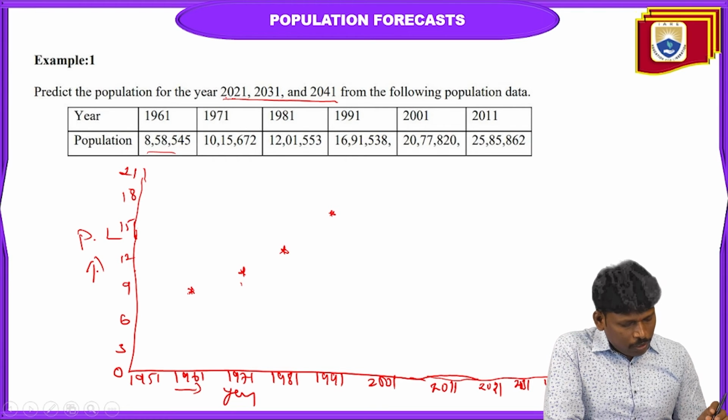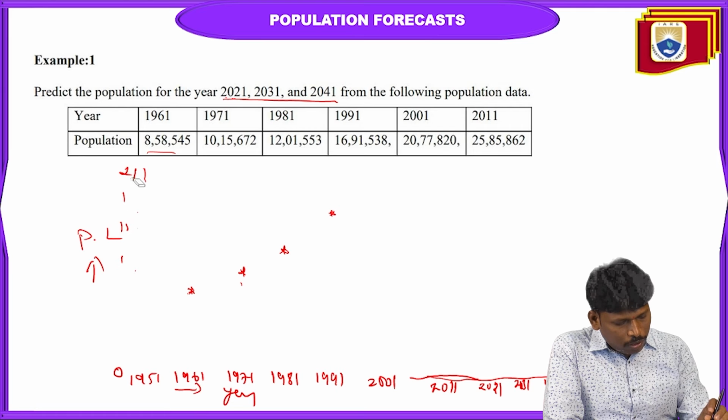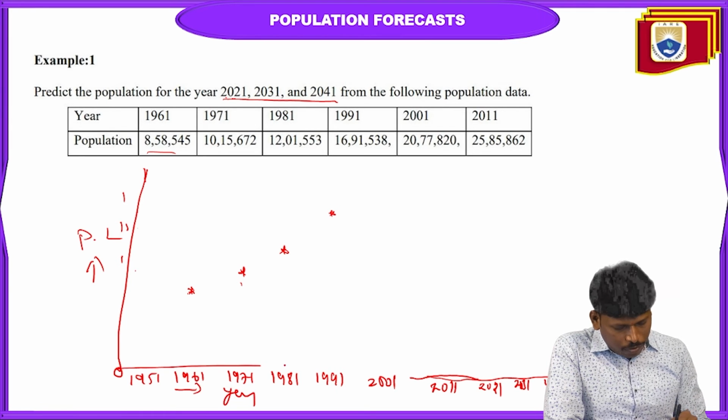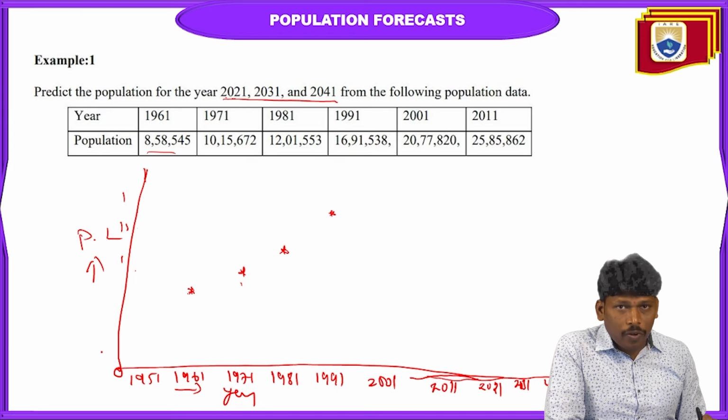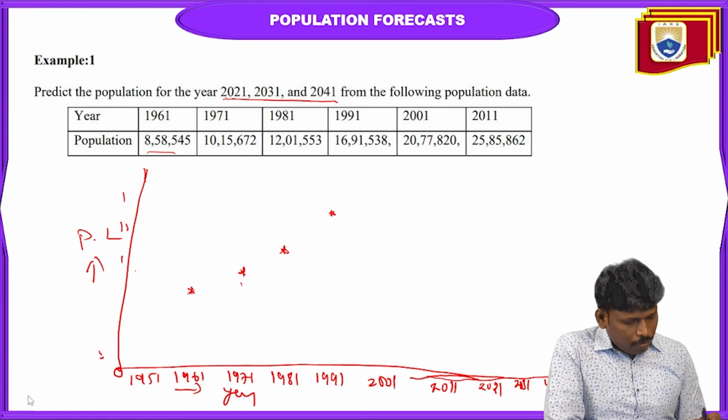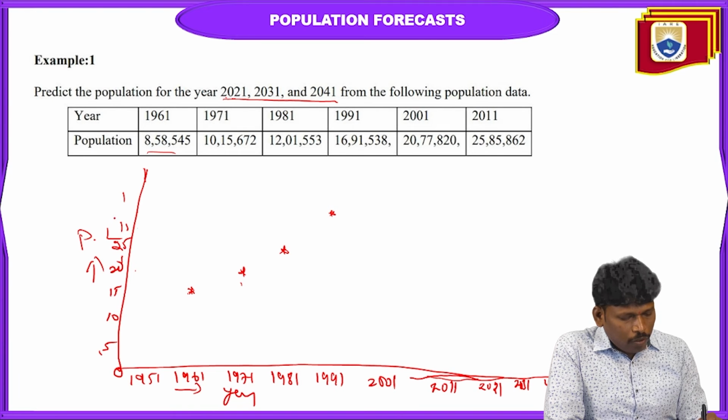So we'll change these values actually, because it seems we should make the difference 5, 10, 15, 20, 25, 30, 35.